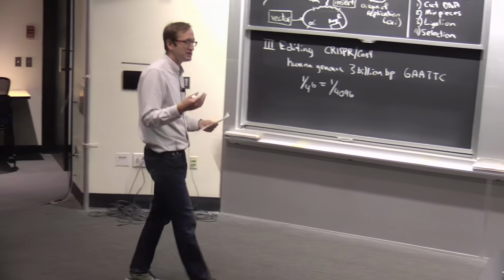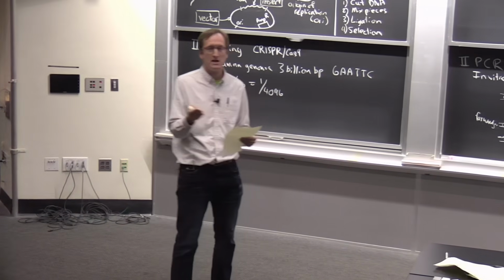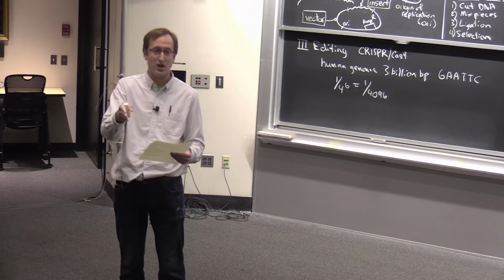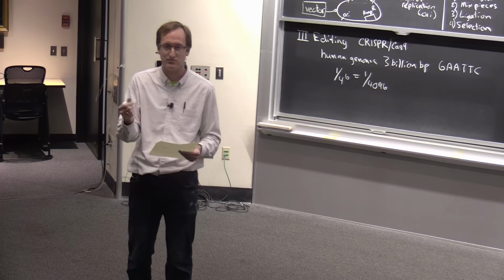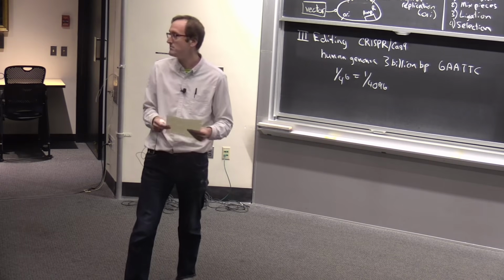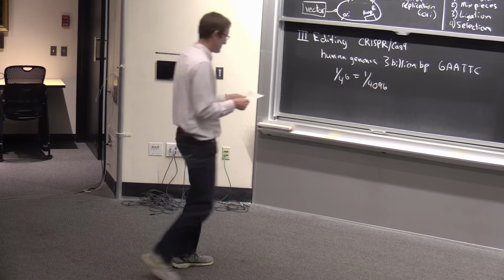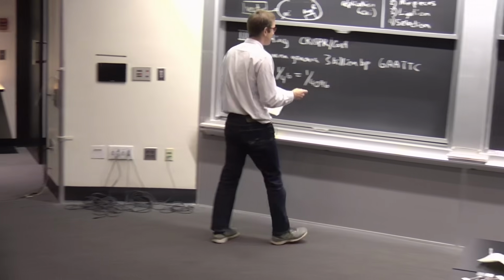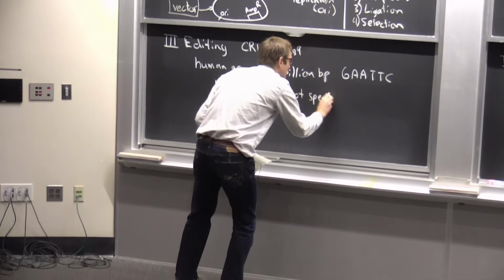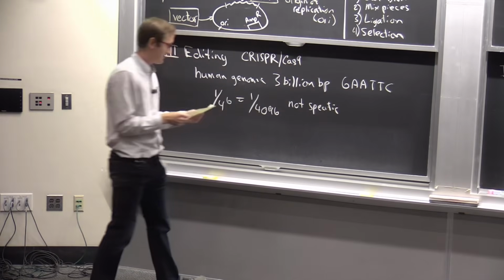So we need much more specificity if we want to select, let's say, a given gene that has a disease-causing allele and try to fix it. Because if we use a restriction endonuclease, we just chop up the whole genome, and that would be bad. So specificity is the name of the game here. This is not specific, and we need a tool that's more specific.